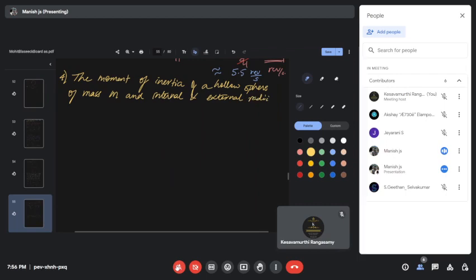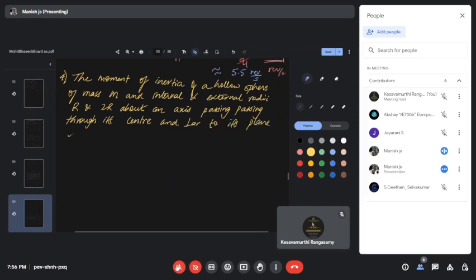When I say radii, I'm referring to more than one radius. Having internal and external radii r and 2r, about an axis passing through its center and perpendicular to its plane.